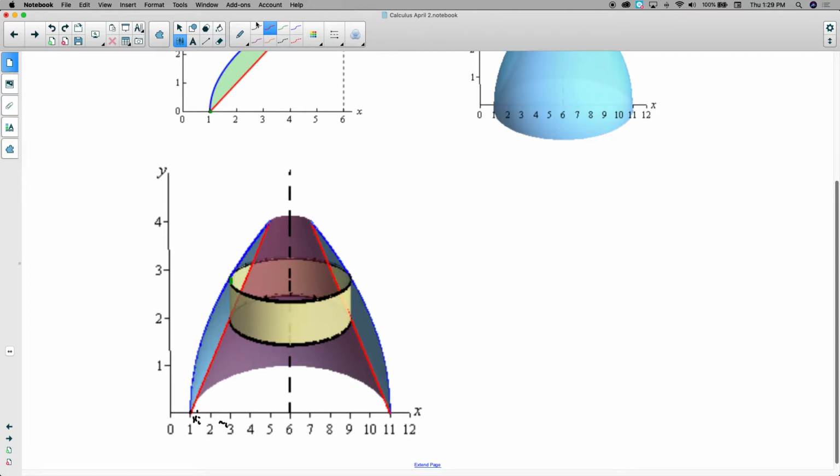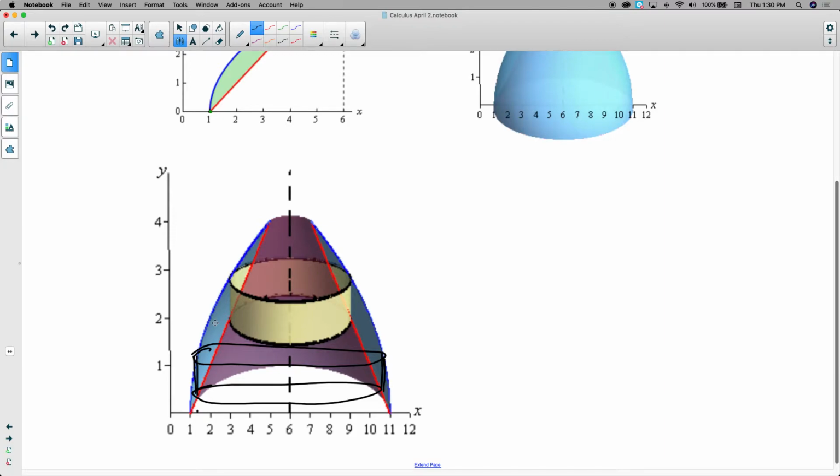For instance, I could draw a cylinder down below here, and that cylinder would look something like this. And this cylinder would have a thickness and a radius, and a height, and we could find its volume.